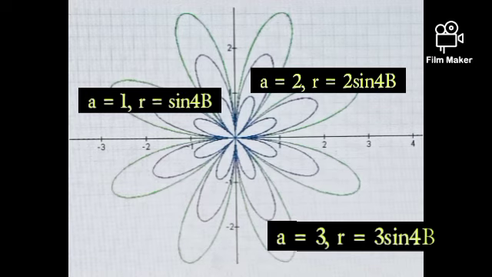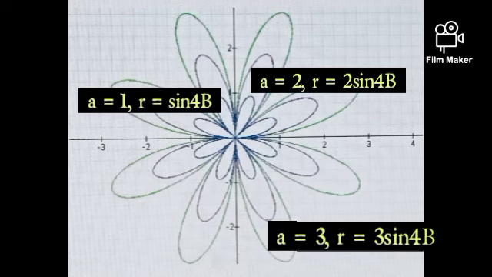We assign a third value to a, which is now 3, and the polar equation r = a sin nθ, where n is still 4, is now the polar equation r = 3 sin 4θ. Since n is an even number, the graph of this polar equation r = 3 sin 4θ is a rose with twice the value of n petals, and n is 4 multiplied by 2 is 8.